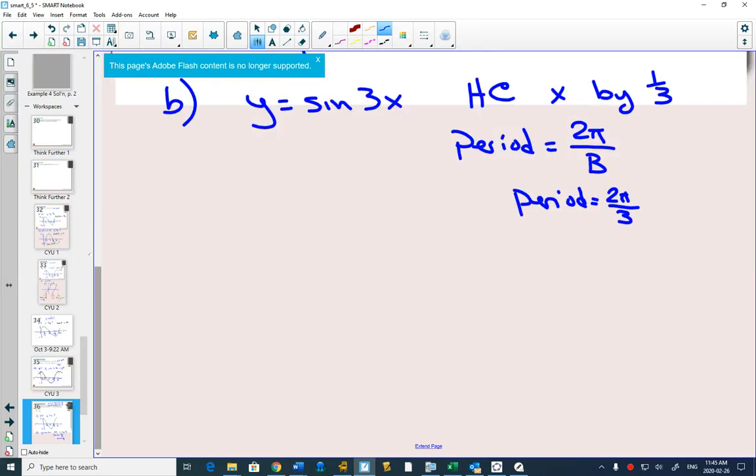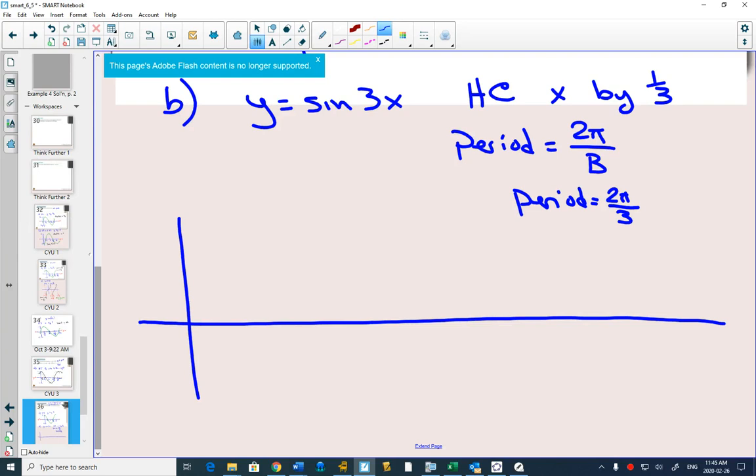But the period formula figures that out for you. So now when you go to graph this, I'm going to label 2 pi over 3 here and label 2 pi over here, because we're supposed to graph between 0 and 2 pi. Normally on your exam, you would just label the 2 pi over 3. That's one full period.